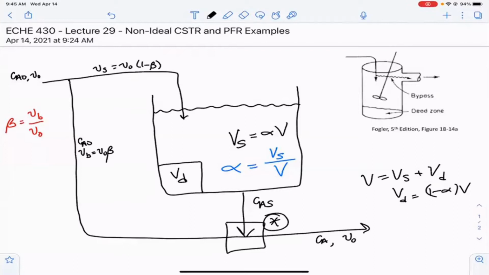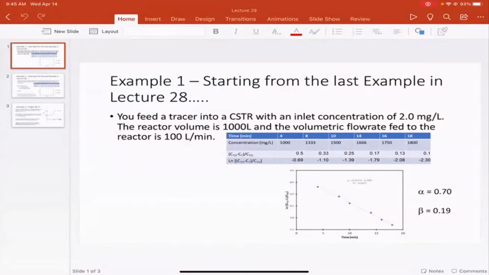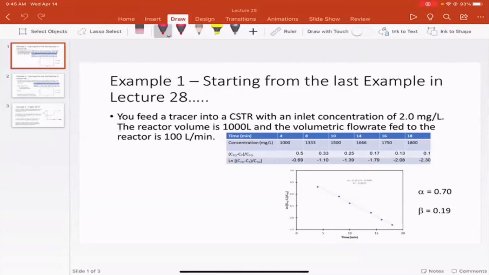Okay, so as I said a moment ago, we're going to start where the last example in lecture 28 left off, where we had this experimental data that was taking place in a reactor with a known concentration and a known flow rate. And essentially what we did was we derived equations where then we would plot the natural log of CT0 minus CT over CT0 versus time.